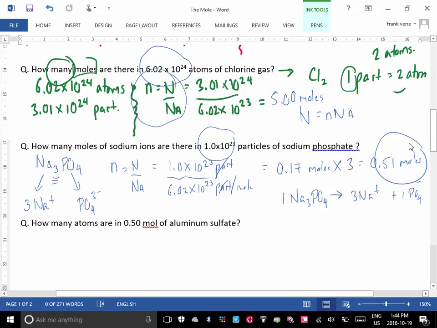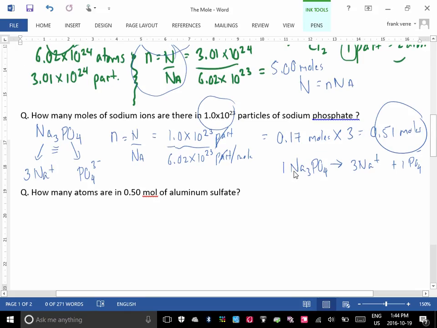Okay? How many atoms are in 0.50 moles of aluminum sulfate? So what's the formula for aluminum sulfate? Yeah, it's Al2(SO4)3. Now, how many moles?